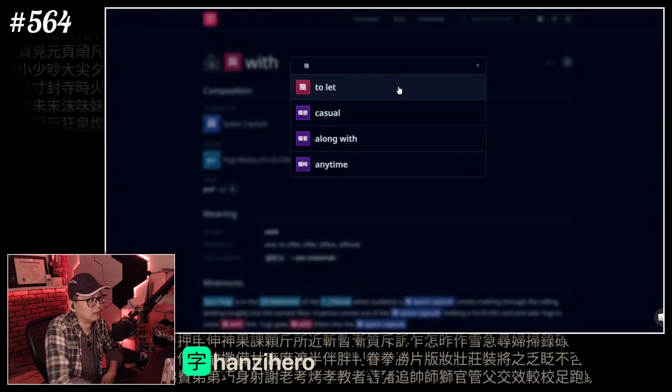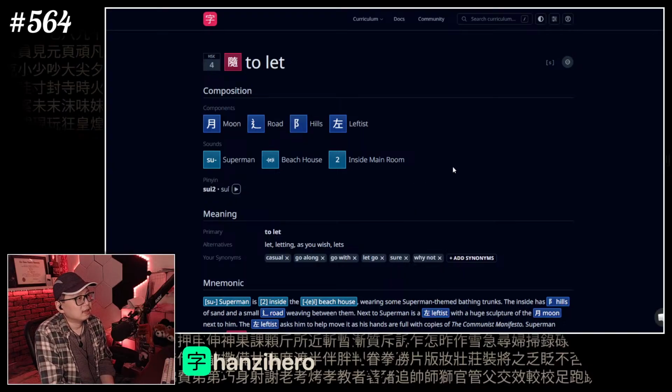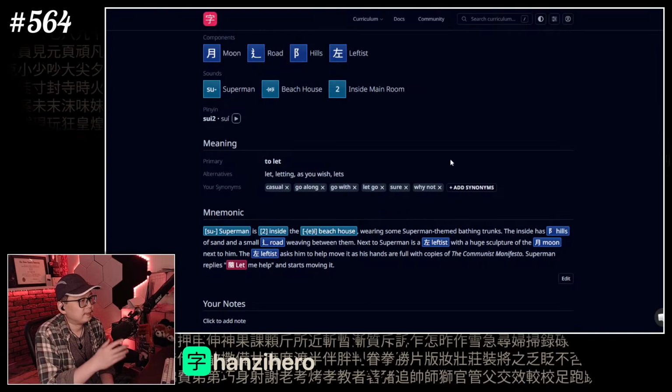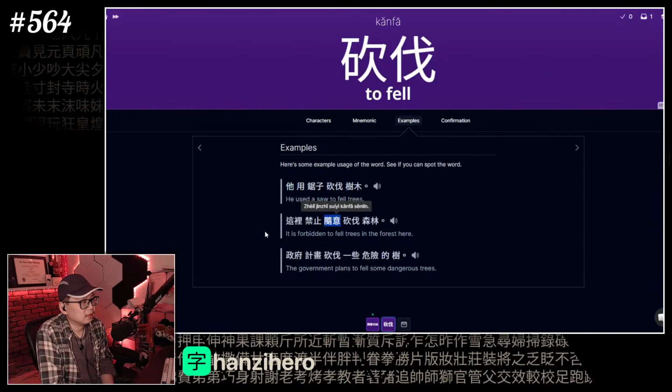Oh, it's because I don't. Okay, to let, yeah. So what if this is a forbidden idea? A forbidden permission, basically, like a forbidden idea, permitted idea. So not permitted. To counter the permission.